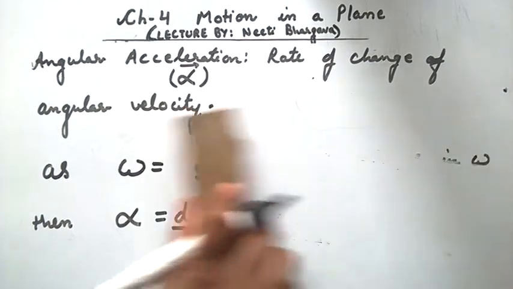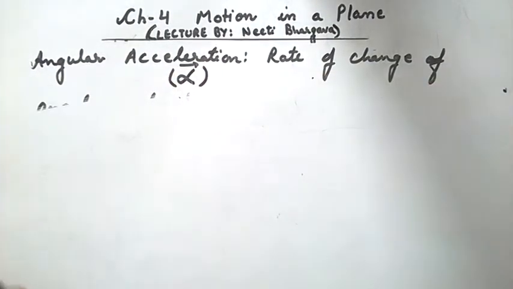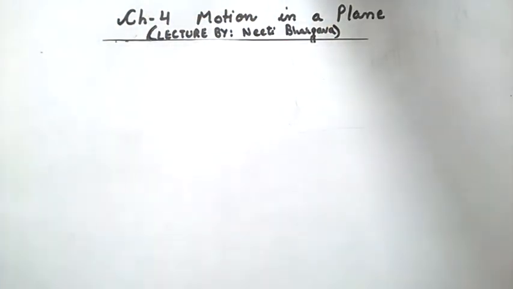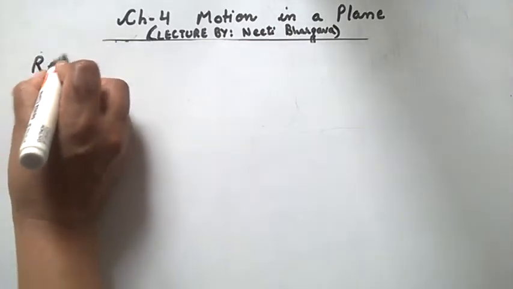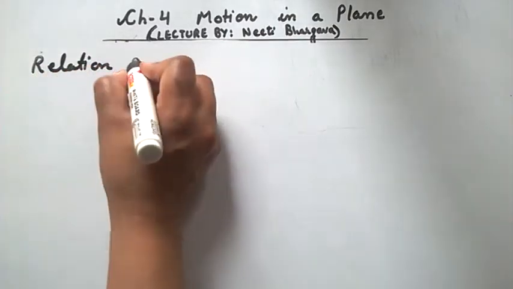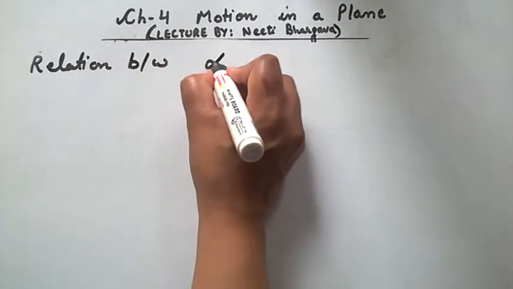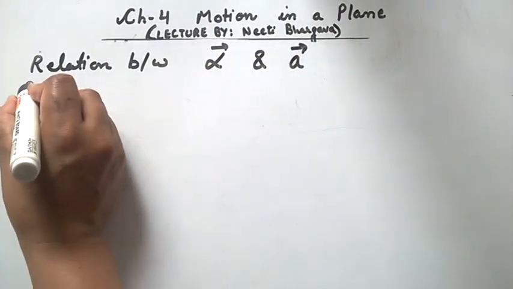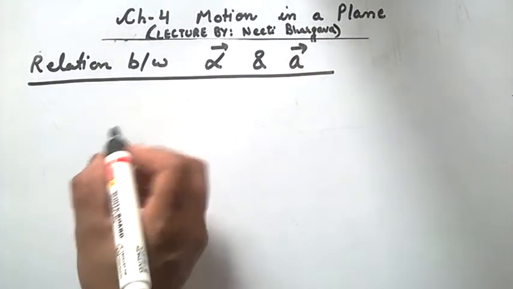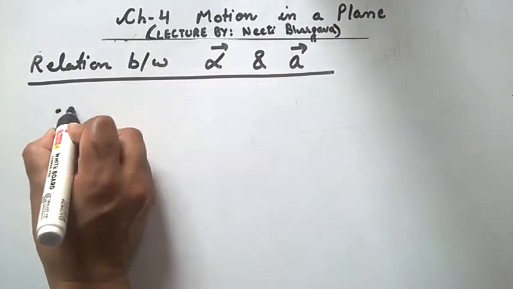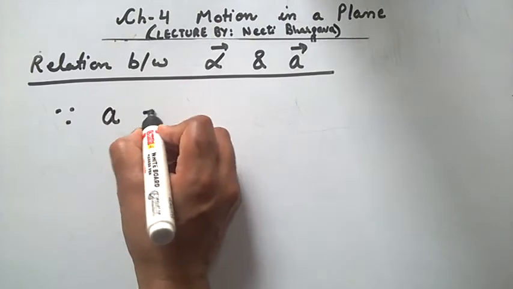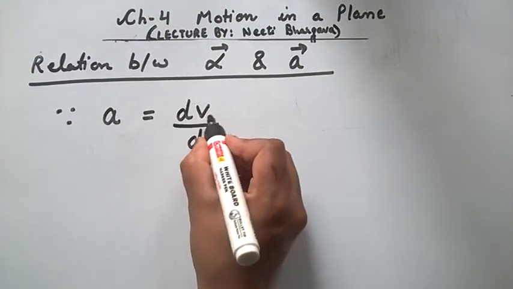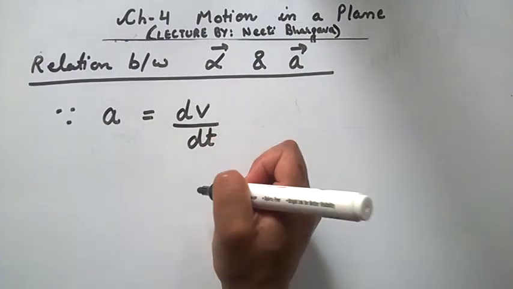Now let's find the relation between angular acceleration and linear acceleration. Since we know that linear acceleration is rate of change of linear velocity, but linear velocity in terms of angular velocity is what?